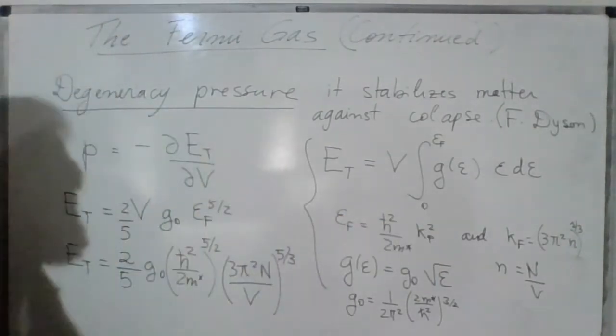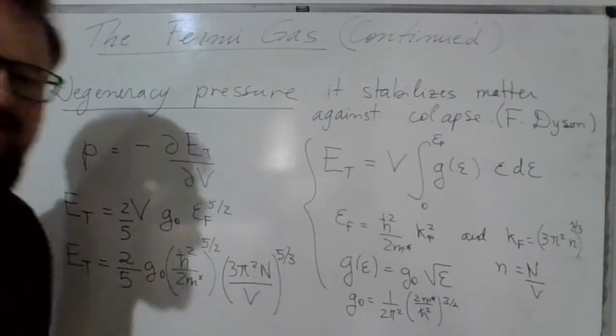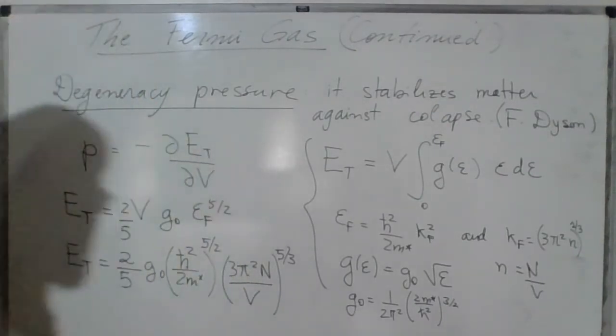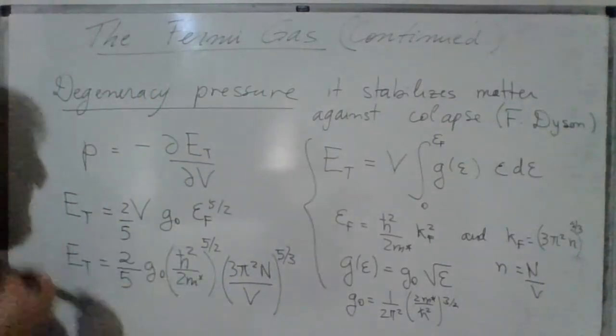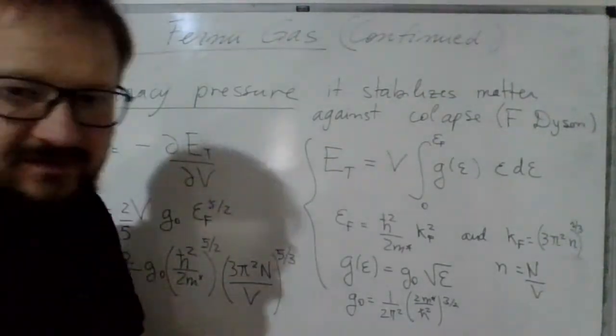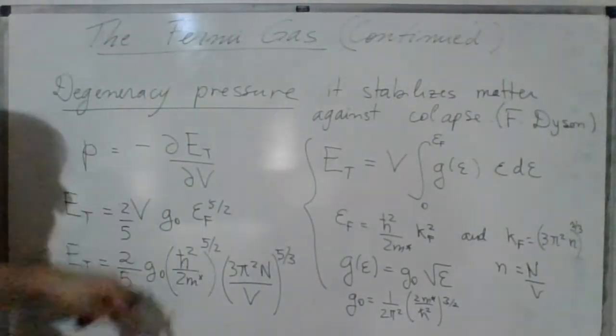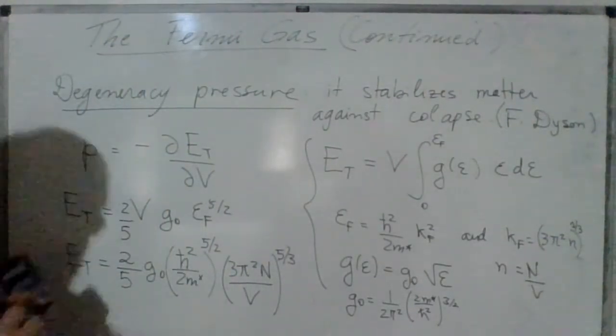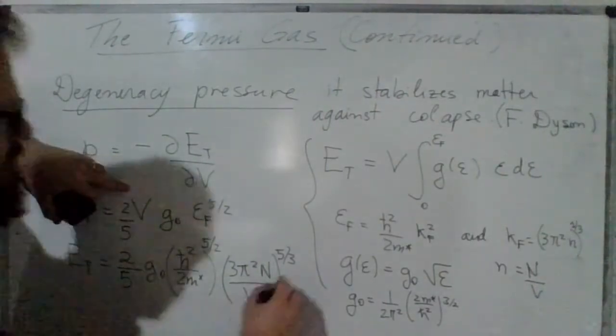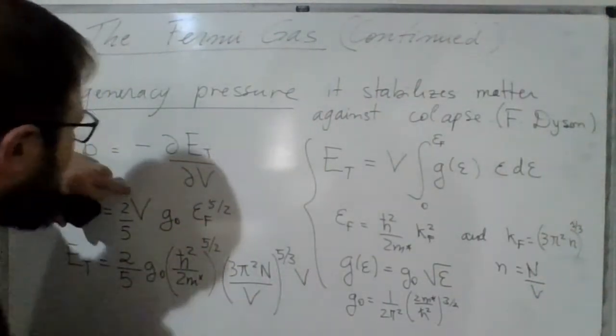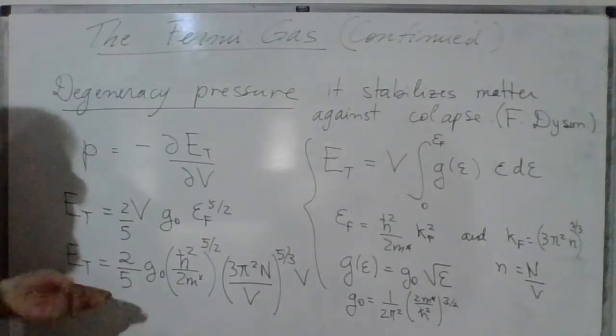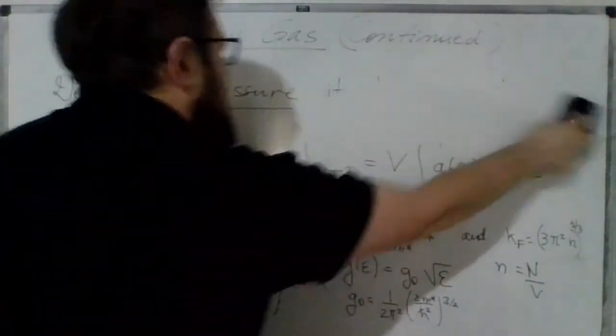It produces a 5/3. All right, so this is the total energy of the Fermi gas. And now we can, sorry, there's a missing factor here. It's V here.